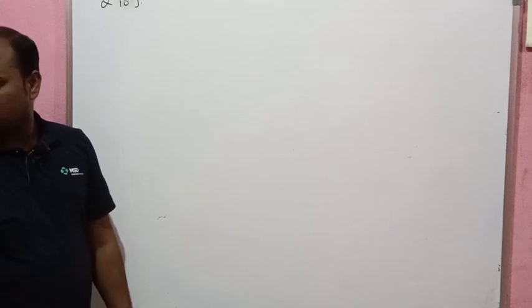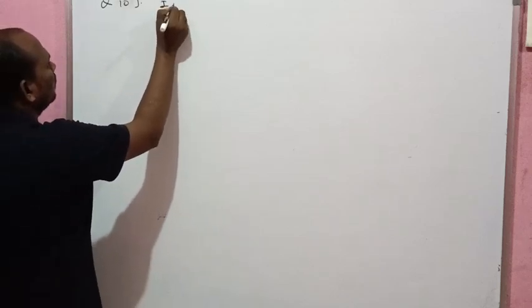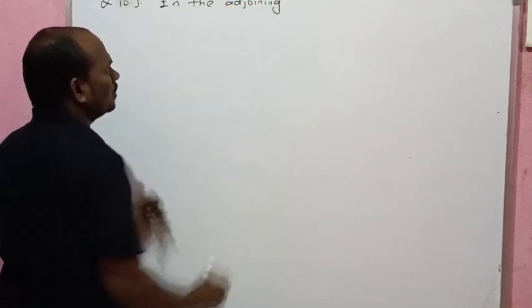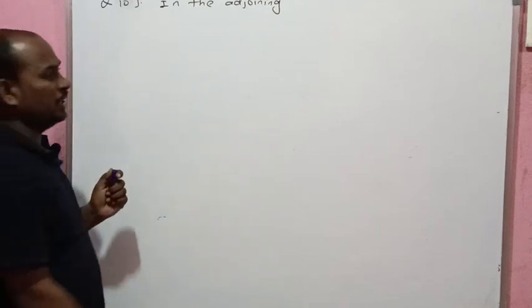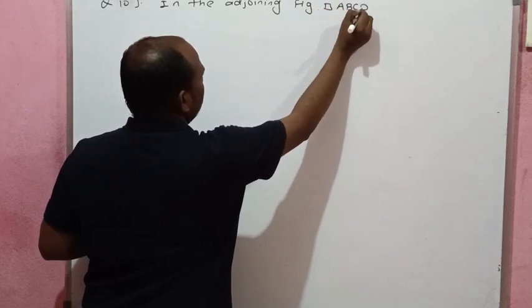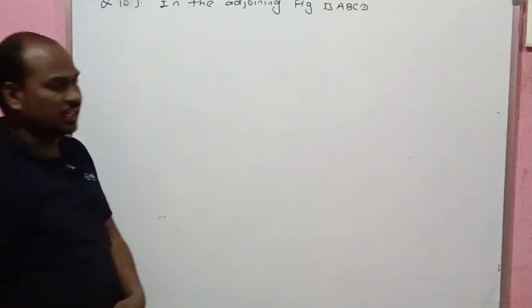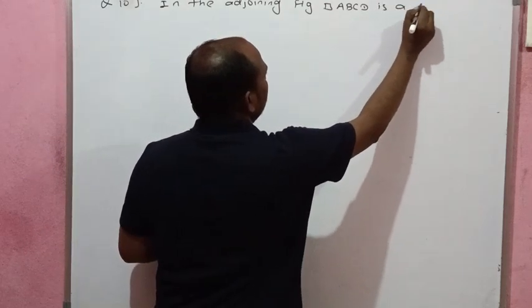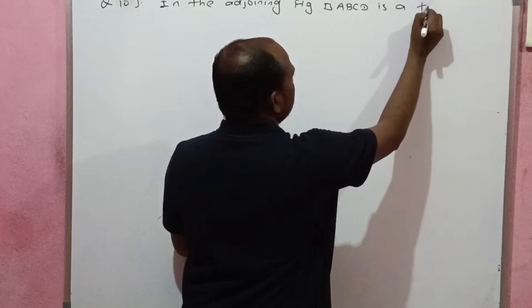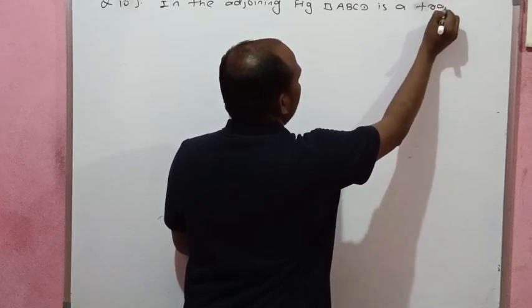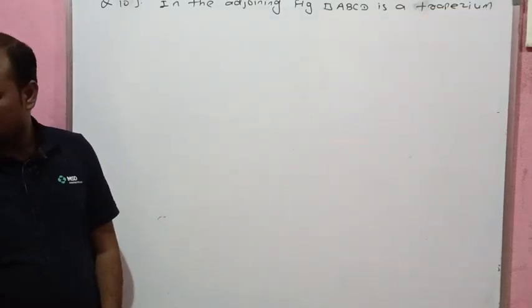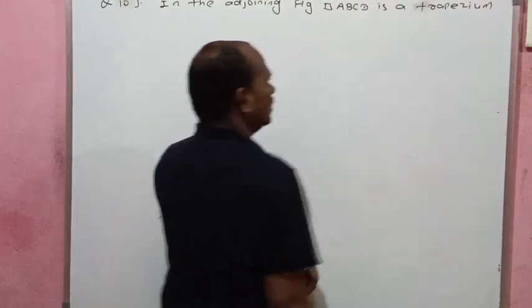In the adjoining figure, quadrilateral ABCD is a trapezium.